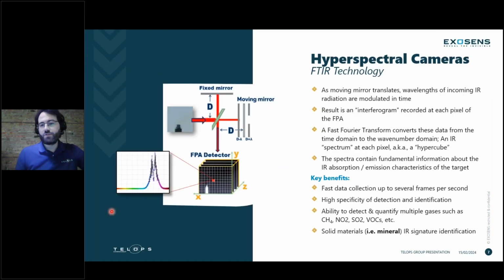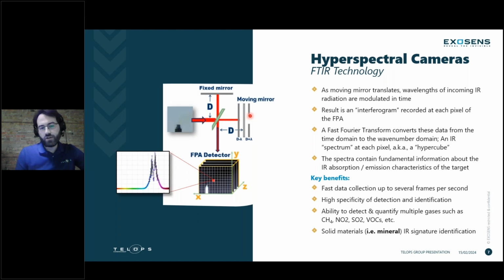So if we're to dig into the hyperspectral technology a little bit more, there are different systems out there using different methods to achieve hyperspectral imaging. The Telops cameras do use FTIR technology, so Fourier transform infrared. So as a maybe simple diagram for the core of the system here, we have an interferometer.